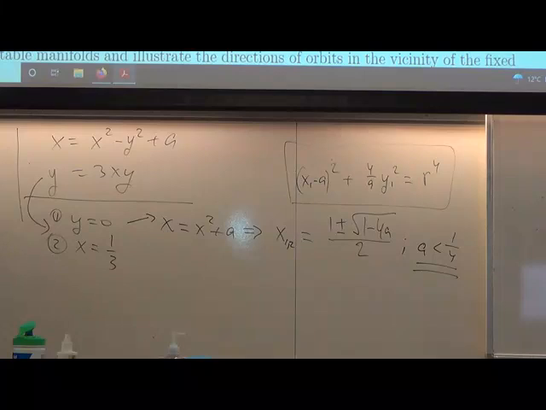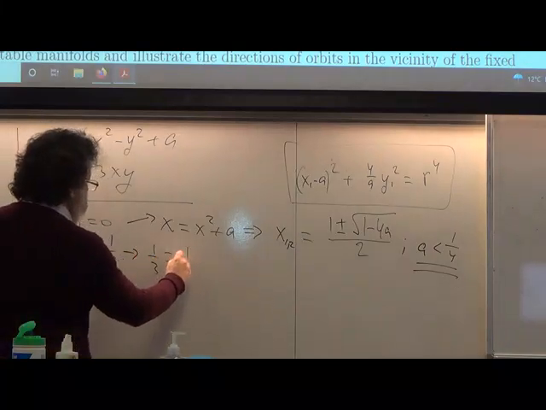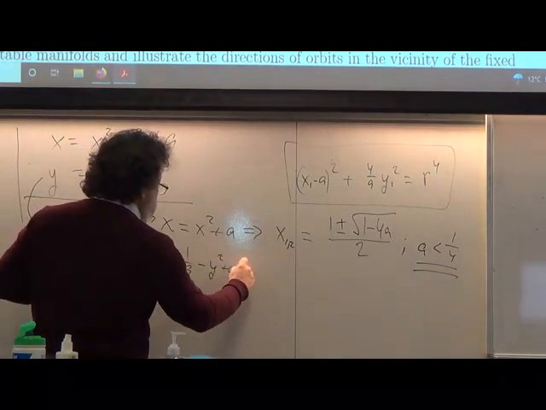Make sense? Yeah? And if x is 1 over 3, then we put x equal to 1 over 3 here. We get 1 over 3 equals 1 over 9 minus y squared plus a.